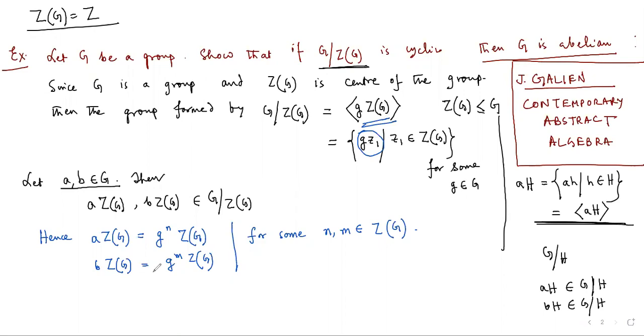So by definition of the generator, we can get some element, not from Z(G), sorry, it's a mistake. n and m are integers, so the elements will be from the set of integers. In this type of problem, you have to take care of these notations very carefully.